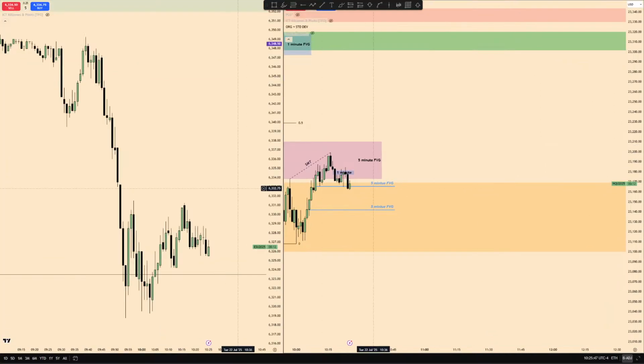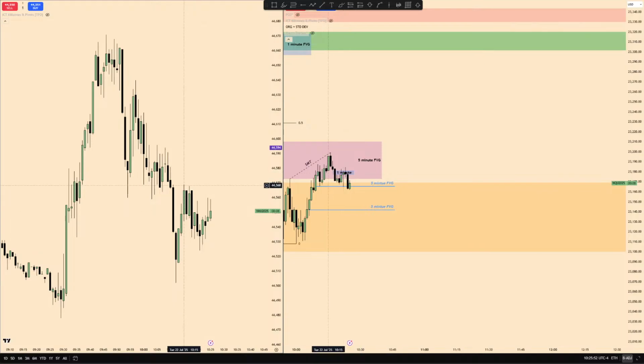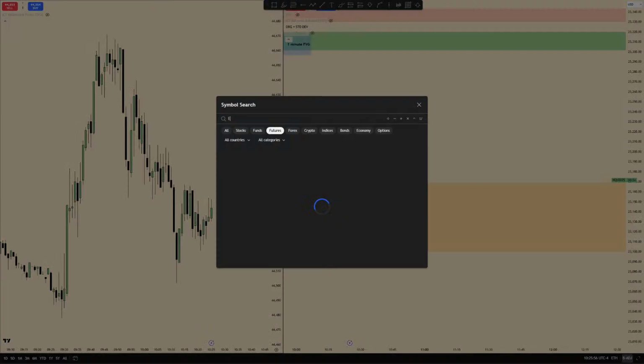I'd prefer if this 5-minute holds briefly, internal sweep SMT, and then inverses it. Your YM tape read is still reading. It's still chopping a little bit.